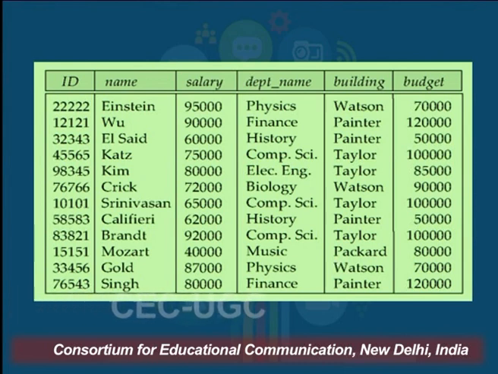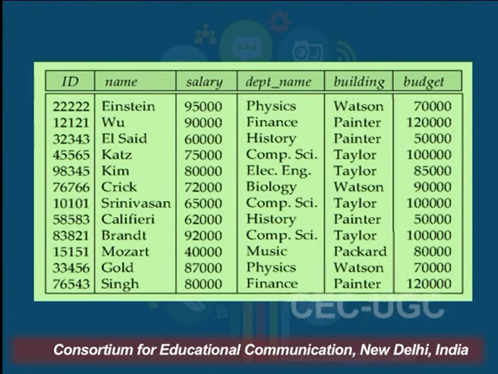And similarly, this kind of information, which is the computer science department is being hosted inside the Taylor building and it is having the budget of 100,000, is actually being repeated quite a number of times, with row number 4, with row number 5, then we have row number 7, and then we also have row number 9. So, apart from this, 3, 7 and 9 are having the professors from computer science, and so the information of the computer science department, which is the building and the budget, is repeated.